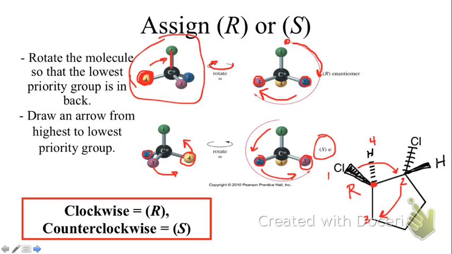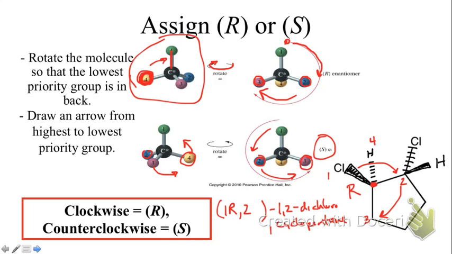If we went ahead and called that position number 1 with our name, we would then have to specify that at position number 1, that chlorine is relative to the rest of the structure in the R configuration. So we would say 1R. Okay, we have a second carbon that's a stereocenter, so we'll specify that, and we'll leave that RS option open for the moment, and then we could say 1,2-dichlorocyclopentane.